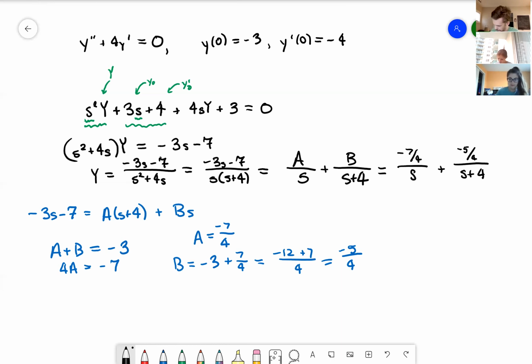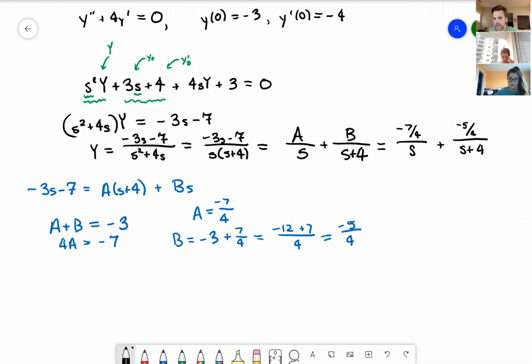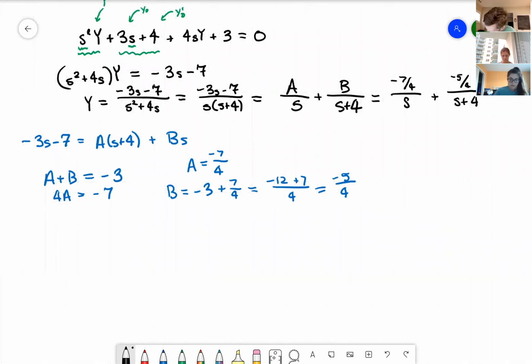Okay. Are we in agreement for the most part? Now by inverting the transform, find y of t. Logical next step. So the first one is, well, that's easy. Negative 7/4.